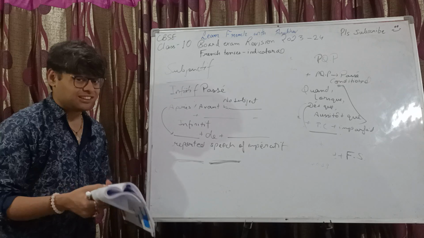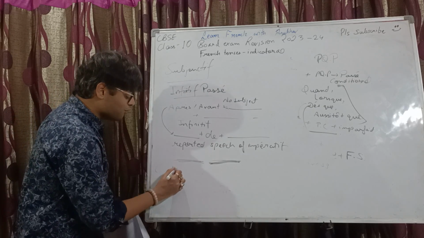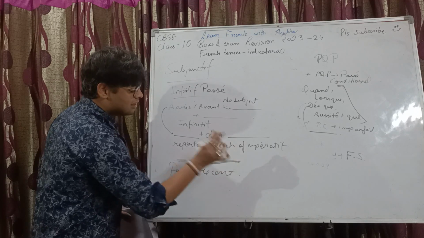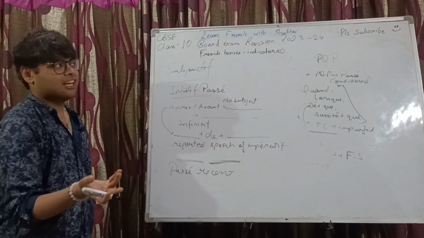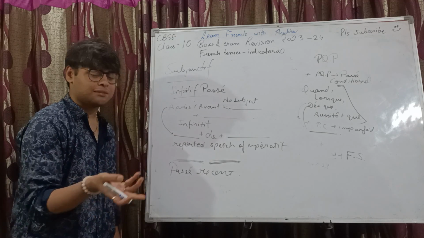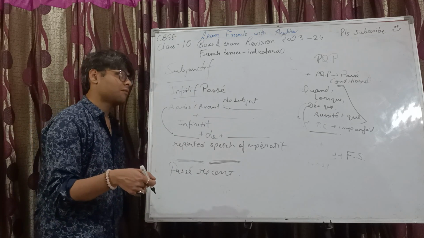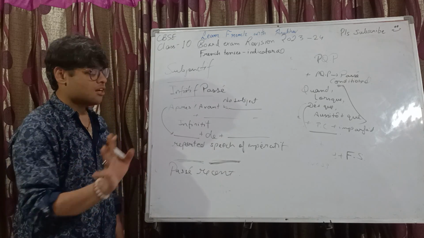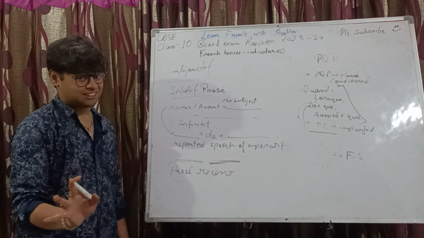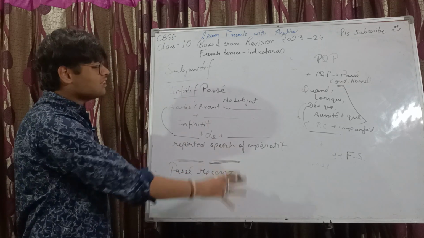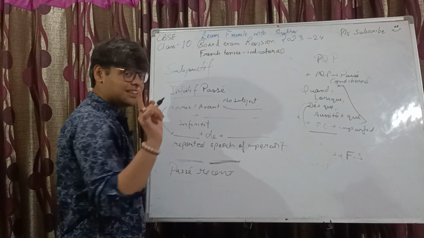Second last, passé récent, past counterpart of futur proche. Passé récent, something that just happened. Il y a is the major indicator. Il y a quelques moments, it's been some moments. Il y a quelques minutes, it's been some minutes. Quelques moments, some moments, some minutes, etc. Il y a, indicator for passé récent, recent past, something that has just happened. If none of these indicators are there, of course, si clause is there.